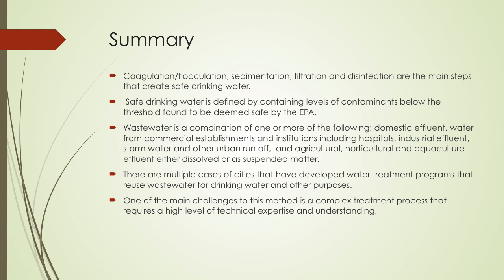Wastewater is a combination of one or more of the following: domestic effluent, water from commercial establishments and institutions including hospitals, industrial effluent, storm water and other urban runoff, and agricultural, horticultural, and aquaculture effluent, either dissolved or as suspended matter. There are multiple cases of cities that have developed water treatment programs that reuse wastewater for drinking water and other purposes, so this technique is indeed a feasible one.